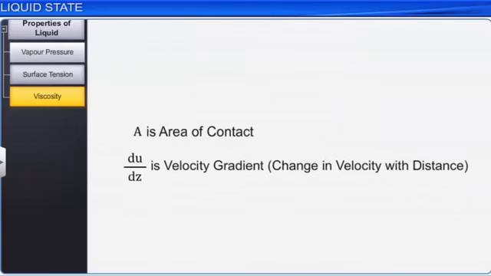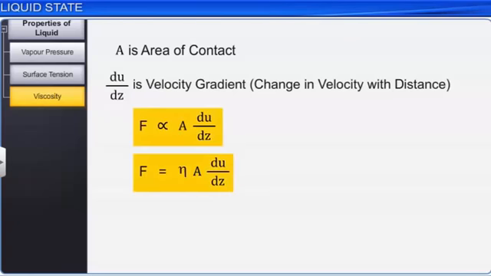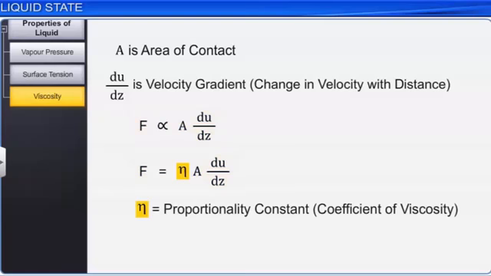This implies that the force required for maintaining the flow of layers is a function of the velocity gradient and the area of the layers. In the equation shown, eta is the proportionality constant and is called the coefficient of viscosity.